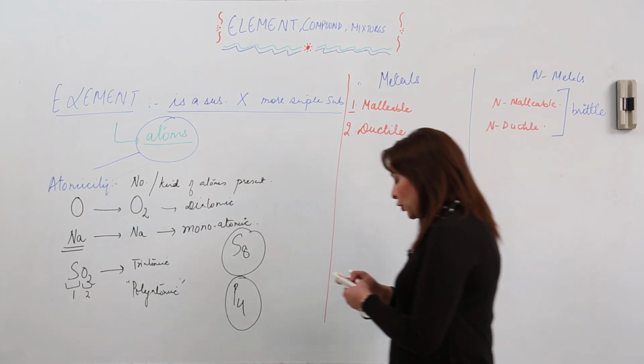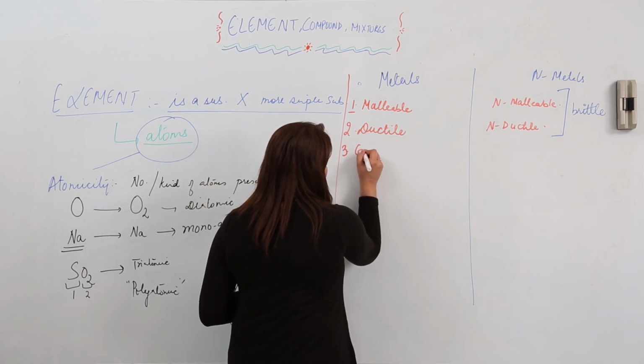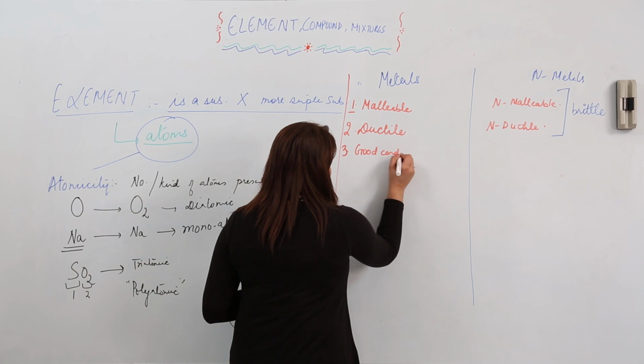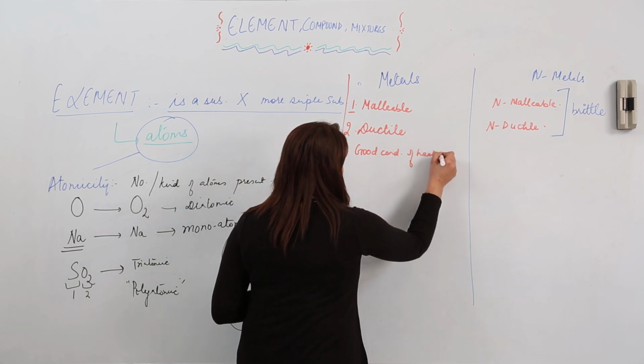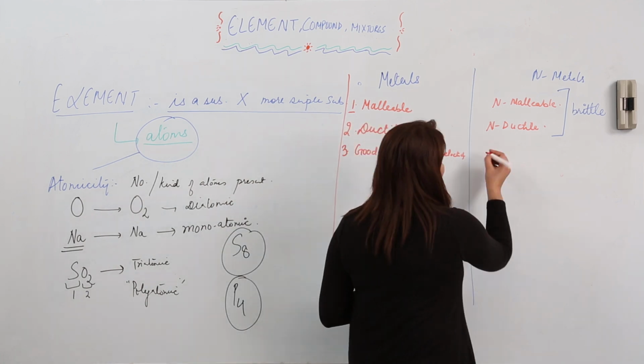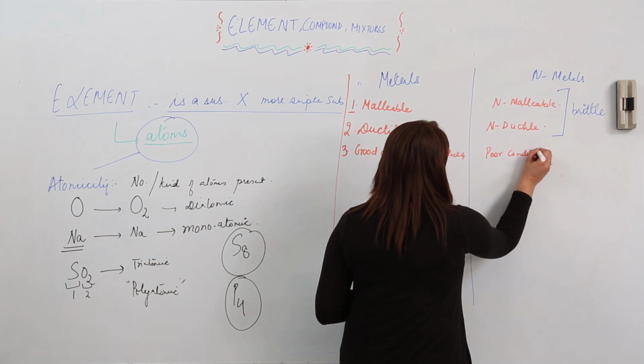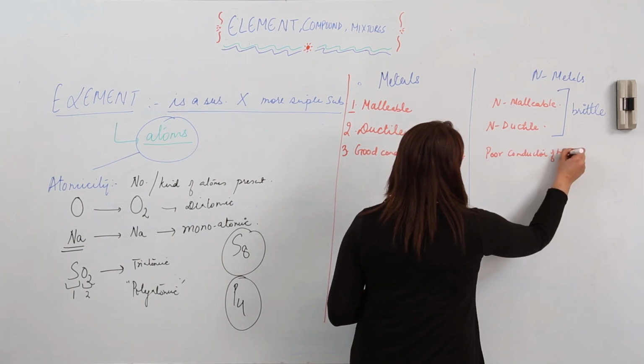The third property is that metals are good conductors of heat and electricity. And if we compare non-metals with metals, they are actually poor conductors of heat and electricity.